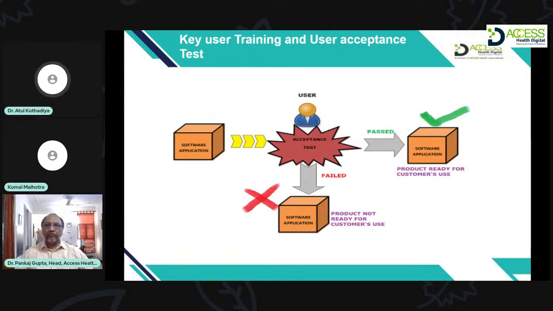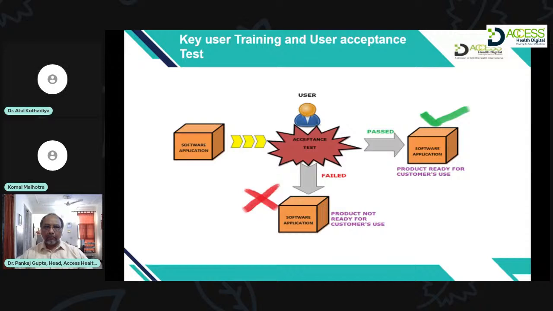Now, key user training and user acceptance. We saw that the difference between key users and users is that key users are the experienced users in those processes, and the end users are those in that particular department. So we saw that all the features and functionalities of the department are tested by the client, or the software is being used by the end users, and if the expected outcome is there from the software, then that feature and functionality passes.